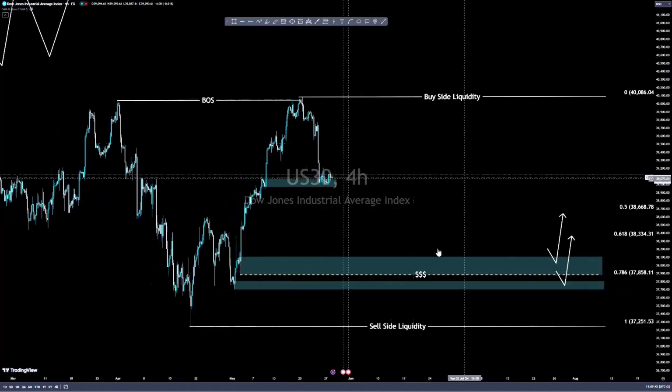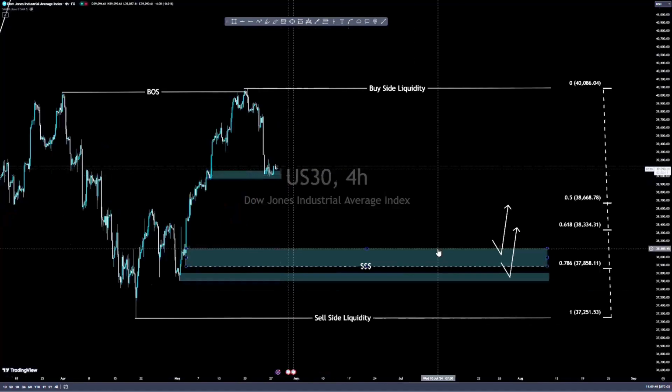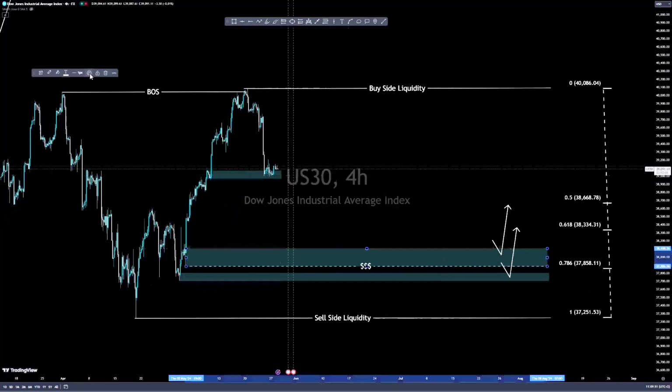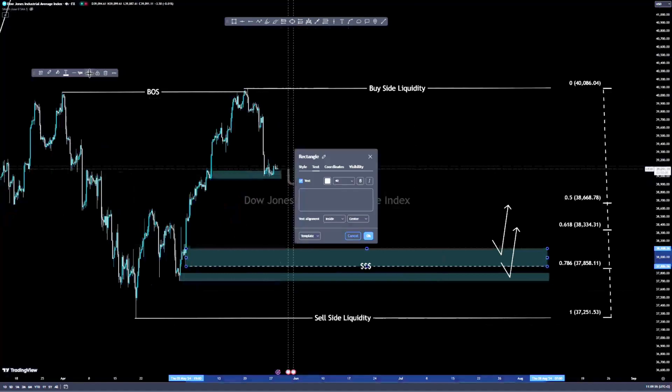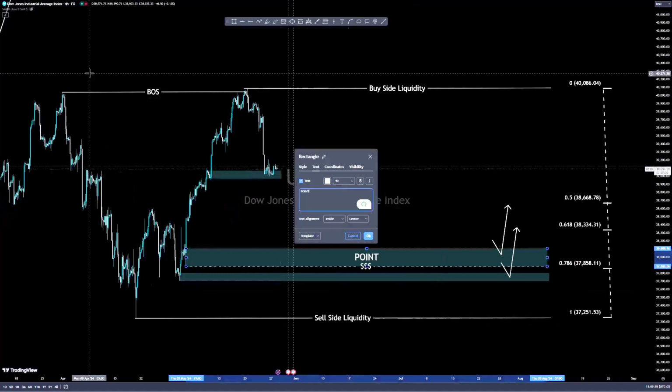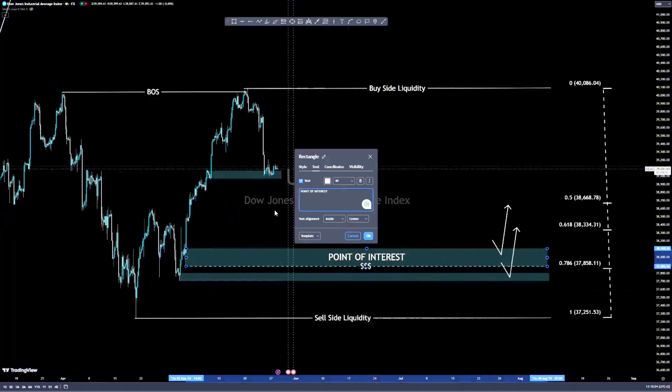Let me mark it, I forgot. Let me mark it as my point of interest. Okay, so this is my point of interest. Then this will be my order block.